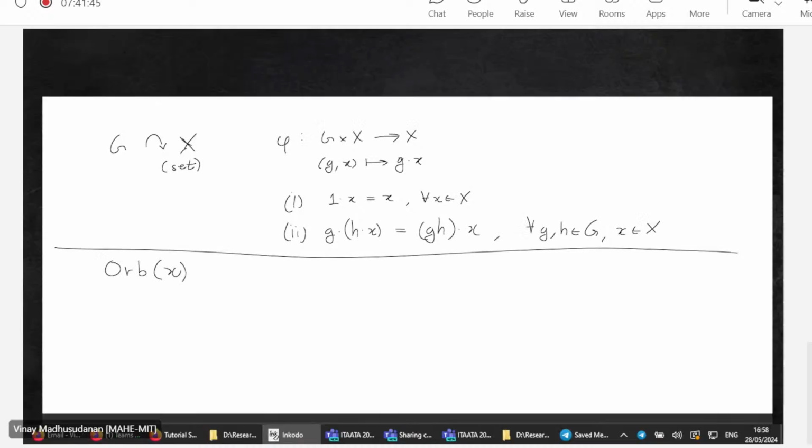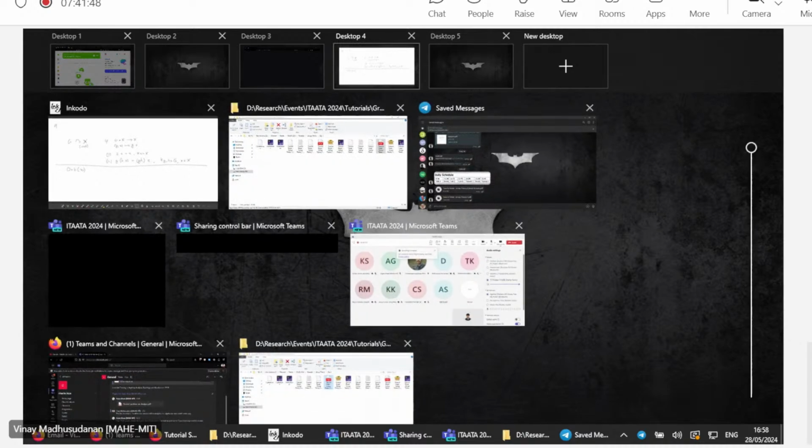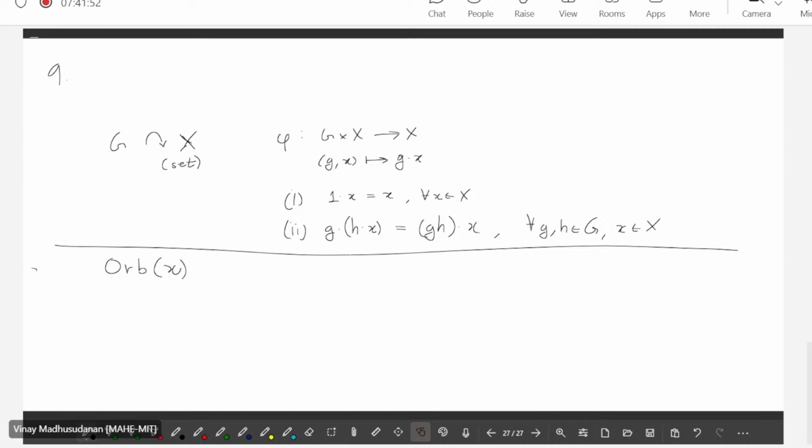So if you fix x in X, the orbit of x is equal to g dot x for g belonging to G, and stabilizer of x is equal to g in G such that g dot x is equal to x.